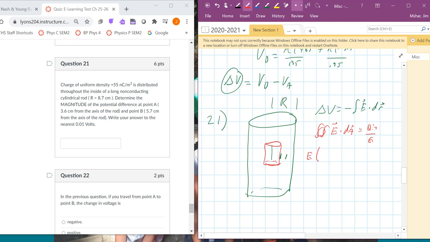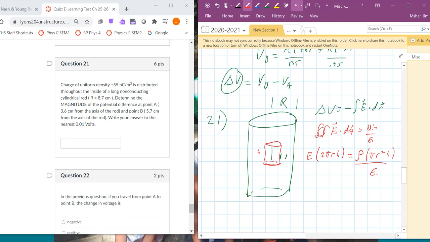We want the lateral area of that cylinder, so it's 2 pi r times a height h, equals Q enclosed. Well, that's rho times the volume of that cylinder. That's how much charge I capture. The volume of that cylinder is pi r squared h, all over epsilon naught.